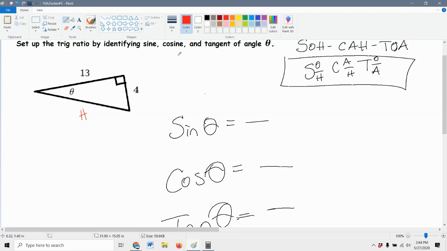Adjacent means next to. The adjacent side is next to theta or touching theta. All the way across from theta, not touching theta, is our opposite side that we label with a capital O.